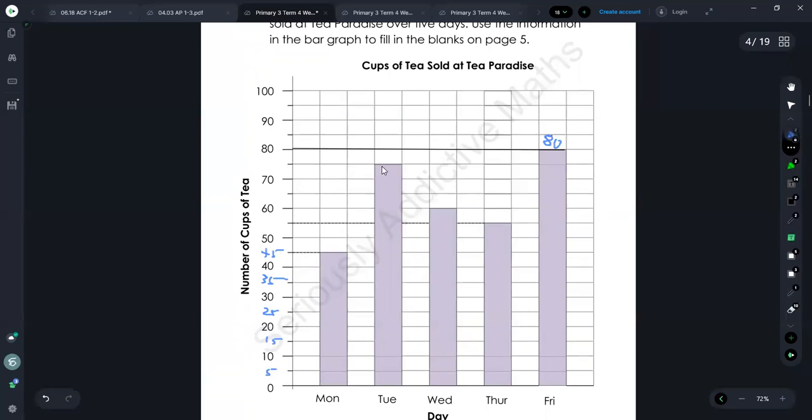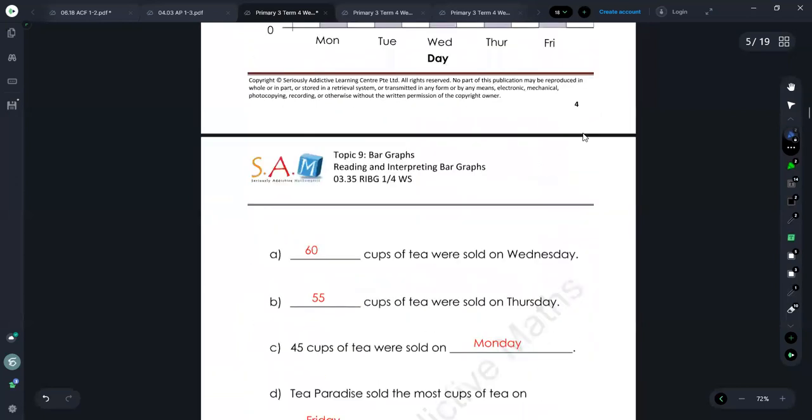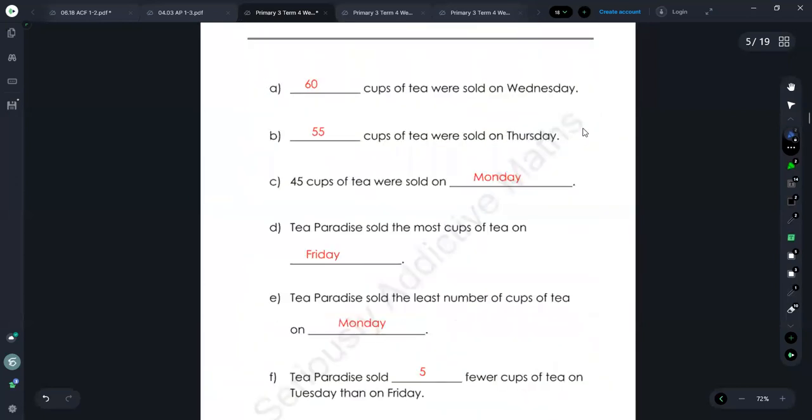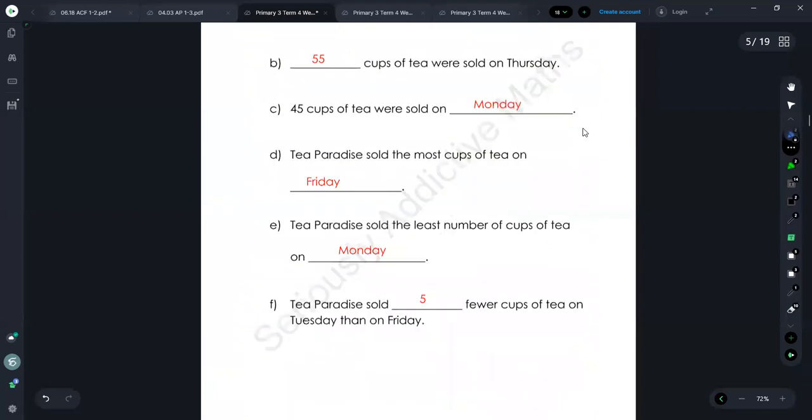Let's continue. I started with the last one, I should have started with the first one. So this is 45, and then this is 75, this is 60, this is 55, and that's 80. After that, it'll be very easy for them to answer the questions. There shouldn't be any problem.